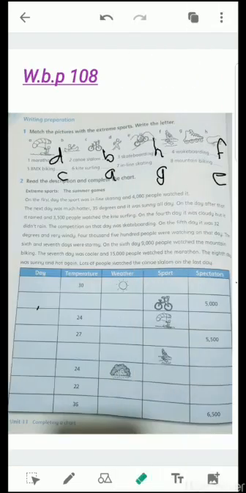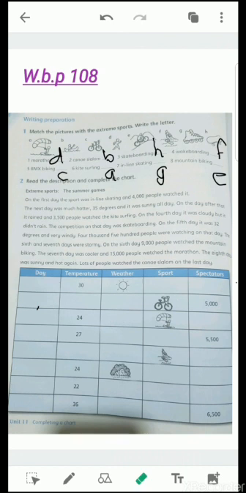Let's move to workbook page 108. We have here the name of the extreme sports that we have studied. And, of course, pictures. A, B, C, D, E, F, G, and H. They are pictures which tell us about the sport.